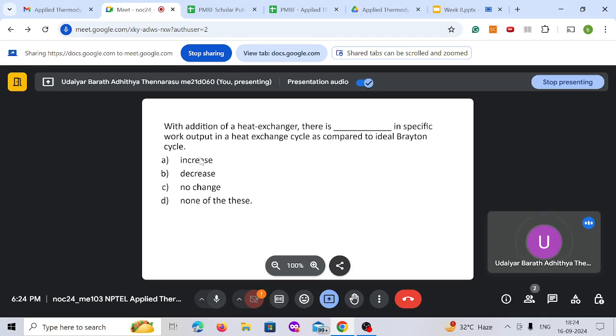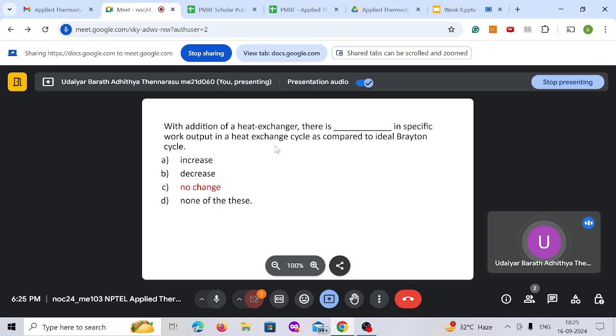So the regenerator employs this idea. With this, there is a change in efficiency.